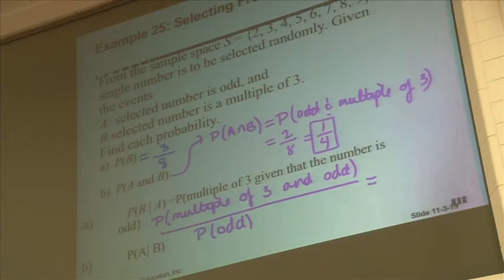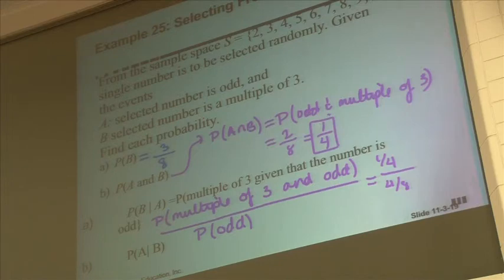Okay? Well, the probability that it's a multiple of 3 and odd we just did in part B. So the top of this is going to be 1 out of 4. And the probability that the number is odd is 4 out of 8.